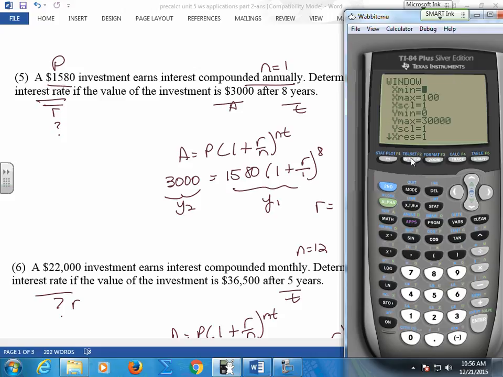When I set my window, I know my mins are zeros. I don't want to know what my max is yet, so I'm just going to say 10 for now, just to show you what happens here. My Y max, I want $3,000, so maybe I'll make this $3,500. If I graph this, it's graphing.